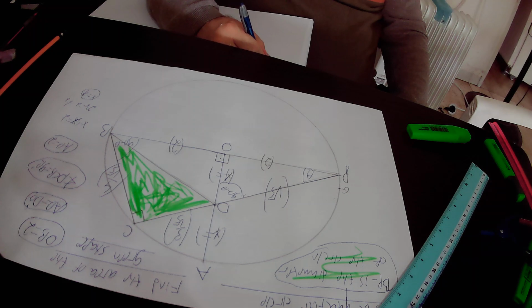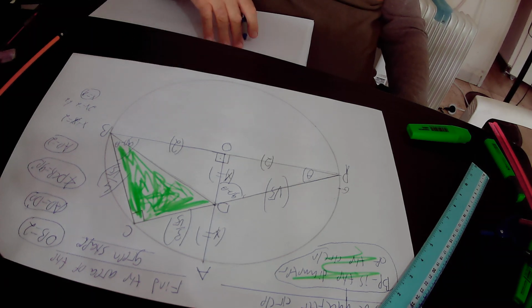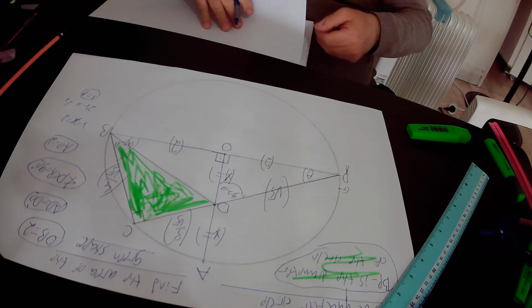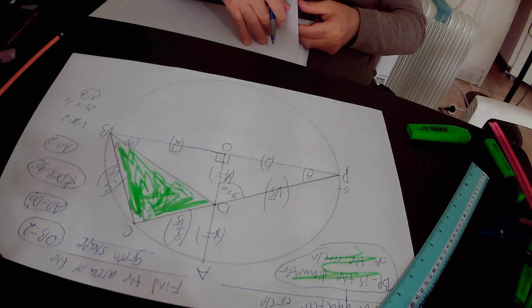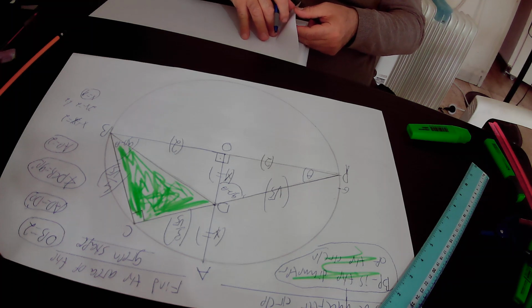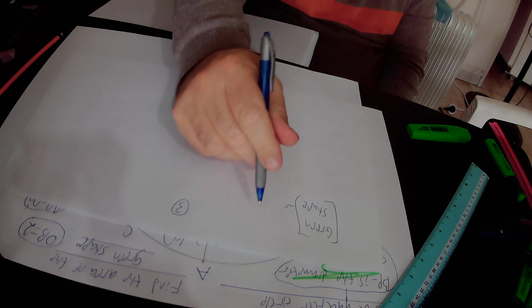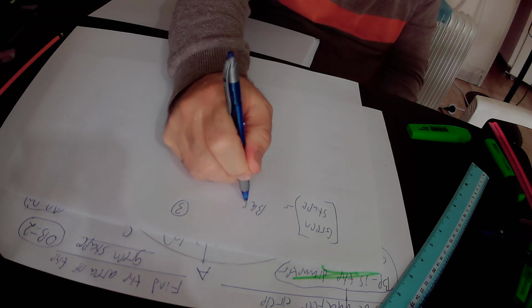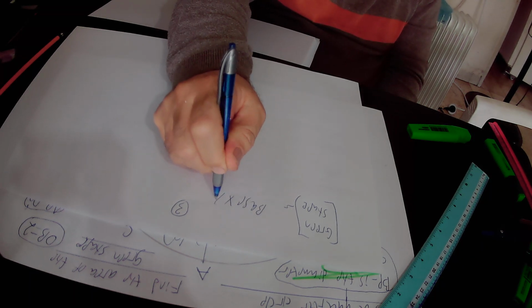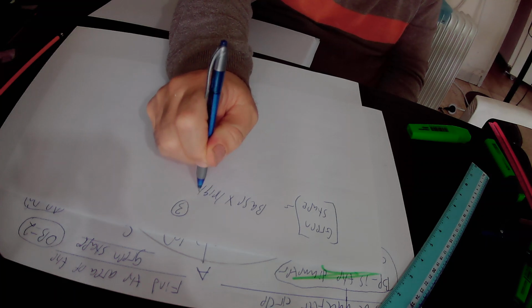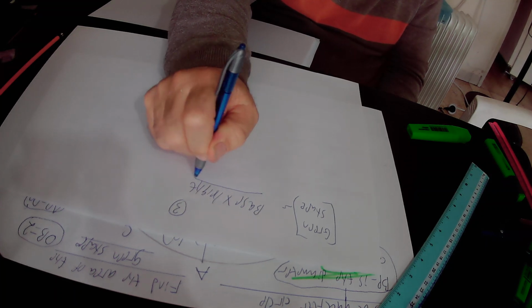Actually, we know that the area of any triangle equals the base of the triangle times the height to the base over 2. So the area of the green right triangle DCB, that is the area of the green shape, equals the base of the triangle times the height to the base over 2.